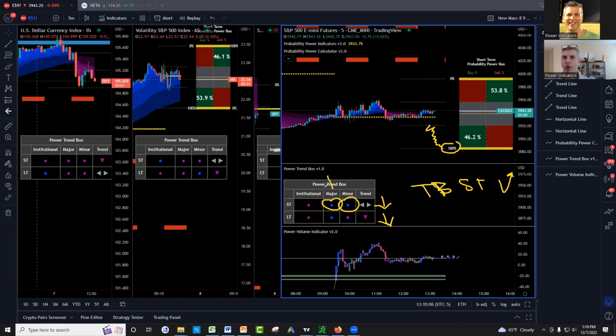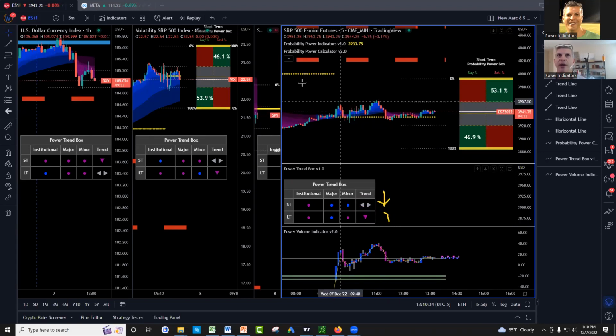You need to start seeing some blue lights, to reverse some long rebound, right? You want at least the major volume from the retailers to come back, the minor, and ideally I want to see the institution which would print an up arrow here for you to get long. But typically, like yesterday, at one point we had that situation where this was down, right?